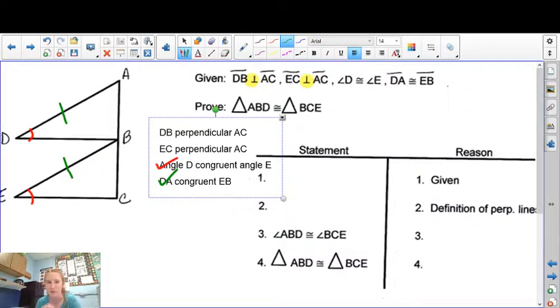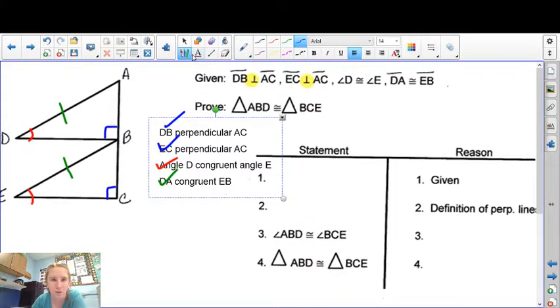Perpendicular lines create a specific type of angle. They create right angles. So I can say that since DB is perpendicular to AC, I can create a right angle there. And EC is perpendicular to AC, so I can create those.